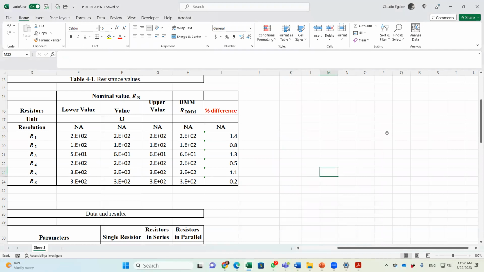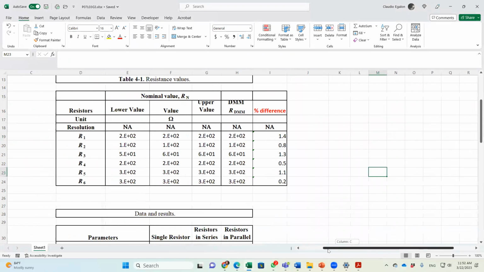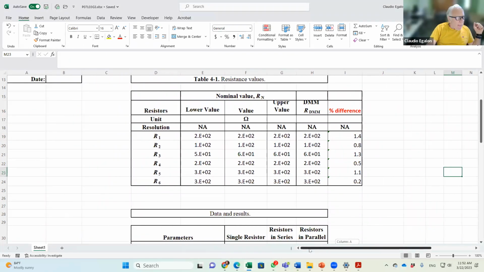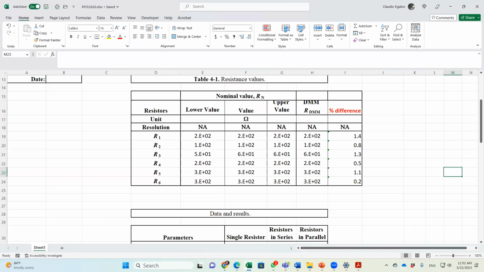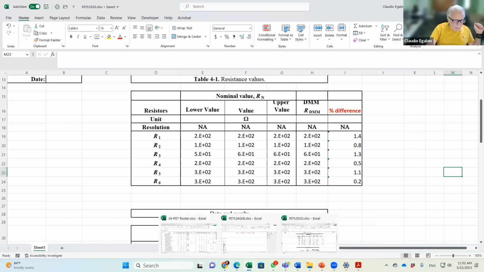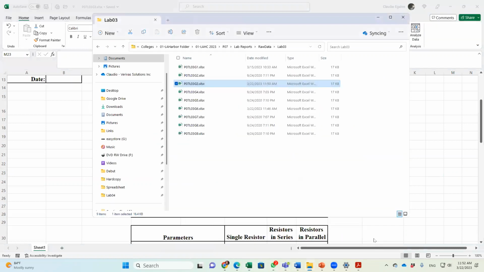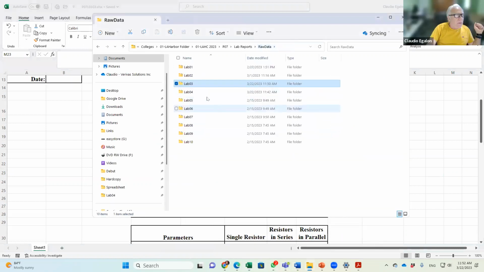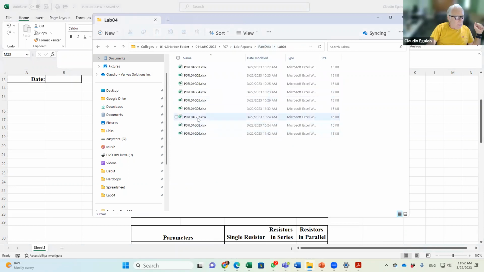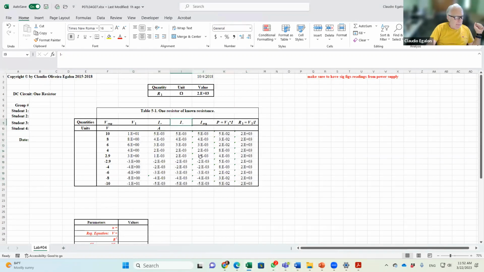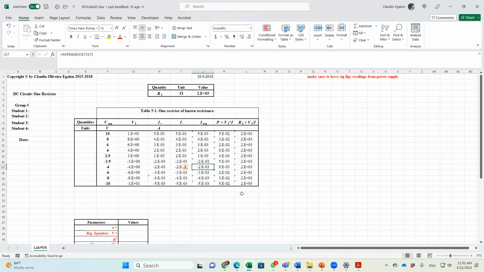Professor, I have one question for lab number 4. You're group number 7, right? Group 7. Let's go here. Yeah. Okay, I'm here. So for the significant figures of negative numbers, how do I find those?